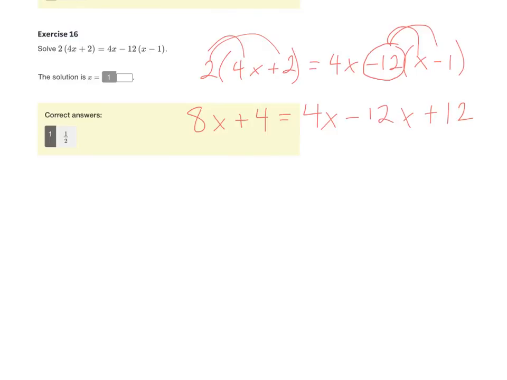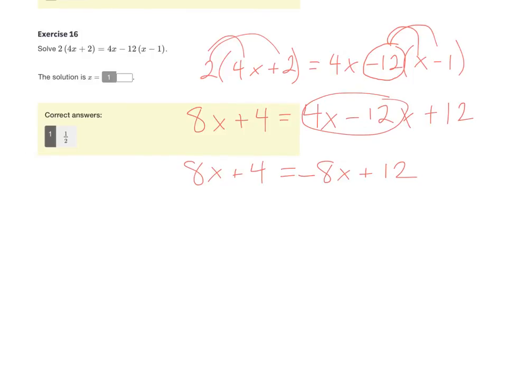Now, I can combine terms on the right-hand side. So I've got 4x take away 12x. 4x take away 12x is going to give me negative 8x plus 12. Right, so we combine those. And we're still going to have on this side 8x plus 4.